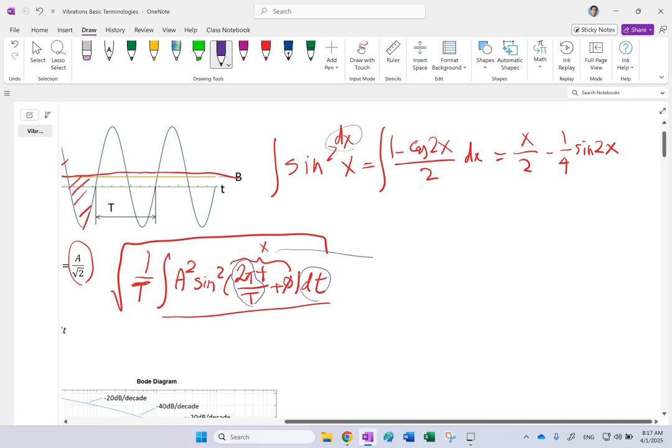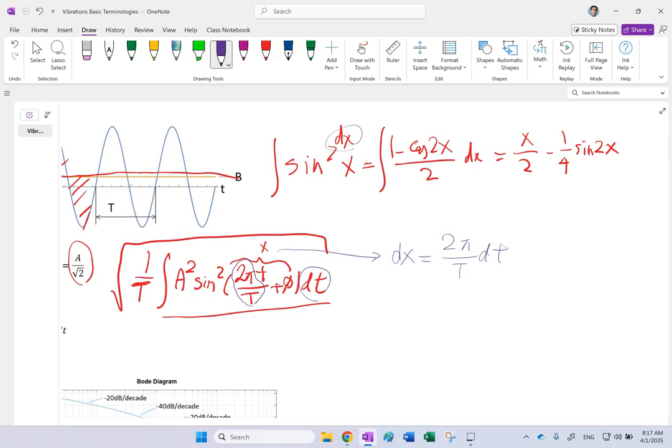If x is that, then dx is clearly going to be 2 pi over T dt, because phi is constant. So if you plug it in, you see that dt is clearly T dx over 2 pi.